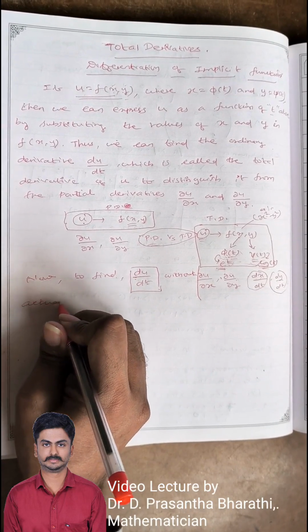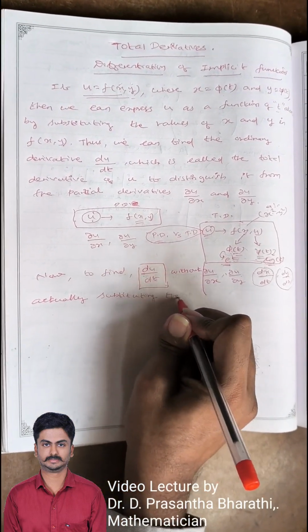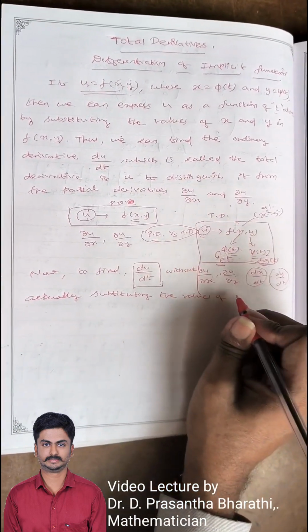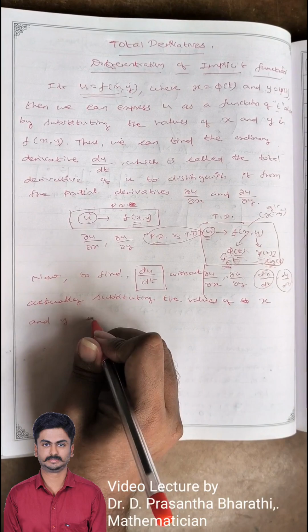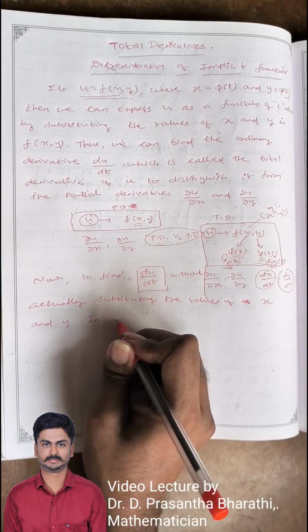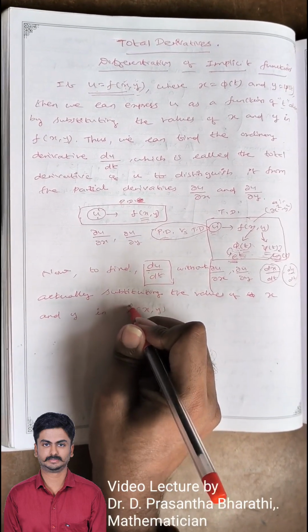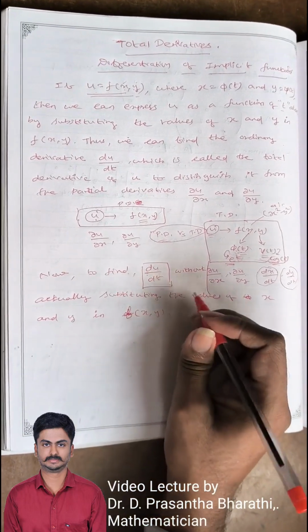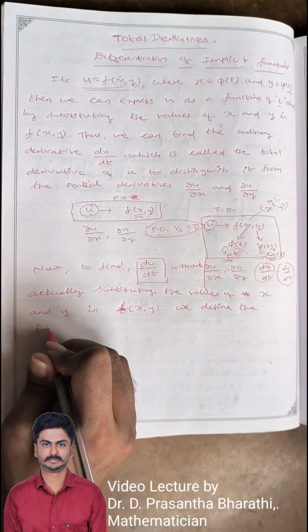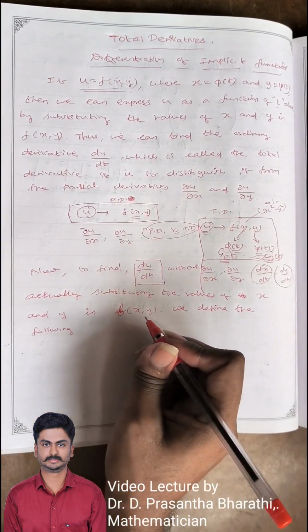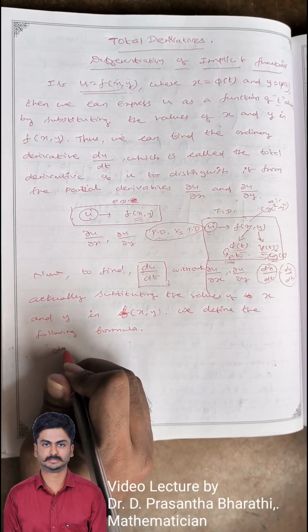without actually substituting the values of x and y in f of x comma y, we define the following formula, that is du by dt.